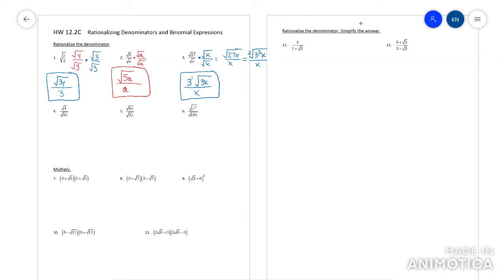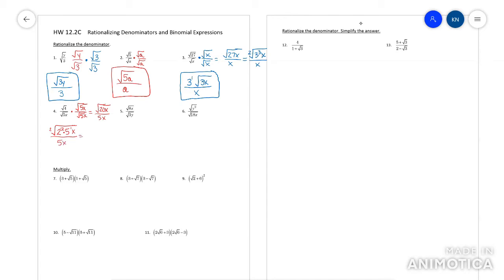So let's look at this next one. Root 4 over root 5x. Well, hit it with a root 5x to rationalize that denominator. And so you're going to get root 20x over 5x. Well, you'd still have to break up root 20. Root 20 is the square root of 2 squared times 5 to the 1 times x, and it's all over this 5x.